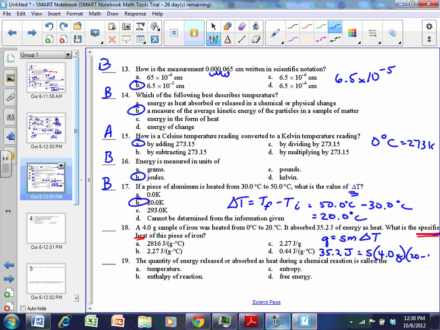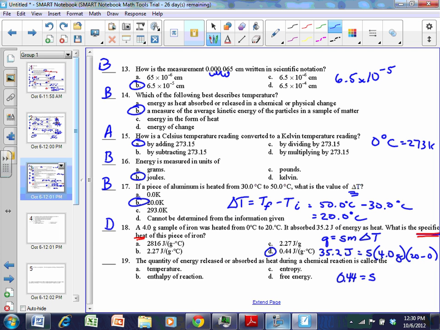I'm going to leave the units out only because I'm out of space here, so do that on your test. I'm going to divide each side to get S by 20 times 4, which is 80. So 35.2 divided by 80 is 0.44, and the units are joules per gram degree C, D.